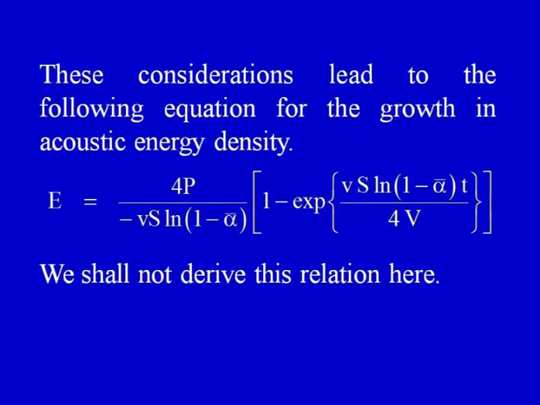E is given by 4 P divided by minus V S log of 1 minus alpha bar, times 1 minus the exponential of V S log of 1 minus alpha bar divided by 4 V times T. We shall not derive this relation here.